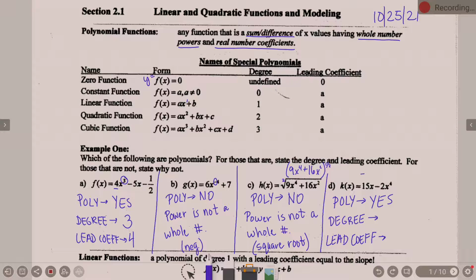If you prefer, you could come back and say, okay, this is really negative 2x to the 4th plus 15x. You could rearrange that. But yes, degree 4. If my degree is 4, what about my leading coefficient? -2, because it's the coefficient of that highest power. So don't fall for the, oh, leading coefficient is 15 because that came first.